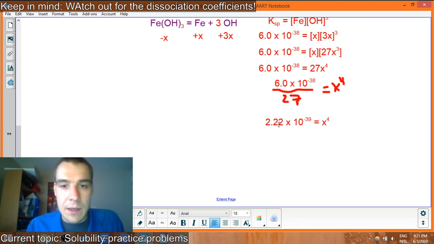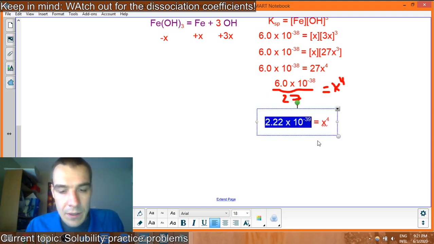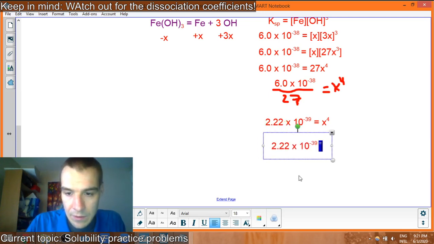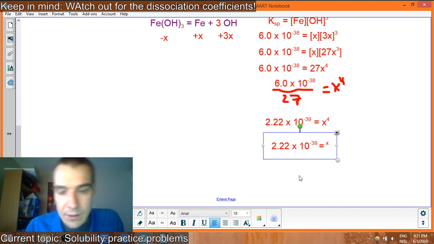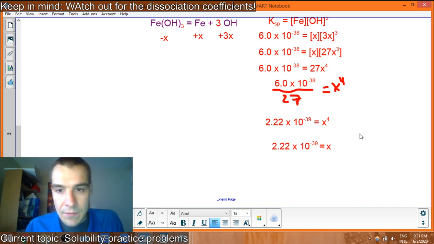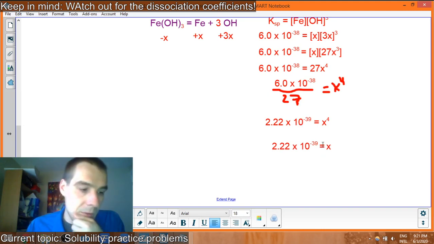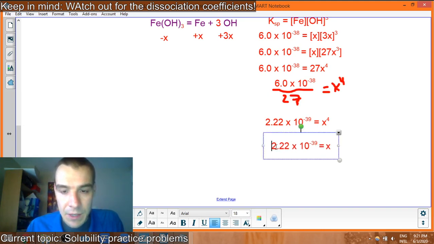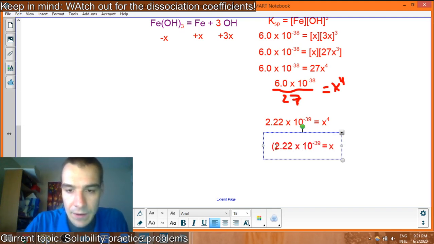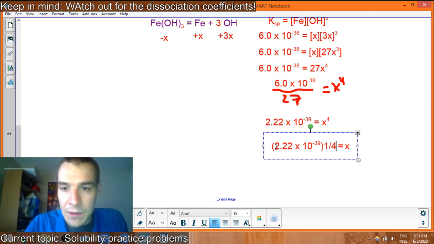Right? And so then to get x, it's going to be the root 4 of that number, the fourth root. In your calculator, you can cheat. Not cheat, you can be smart about it, and just go to the power of 1/4.